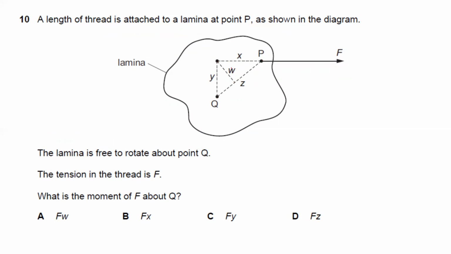Then we have a point Q. The lamina is free to rotate about point Q. So this is a fixed point, a point across which moments can be taken. Moments can be taken across Q.